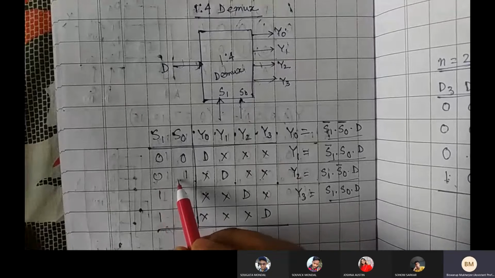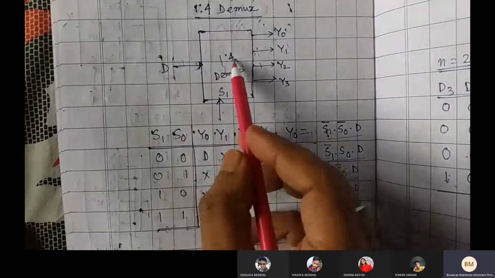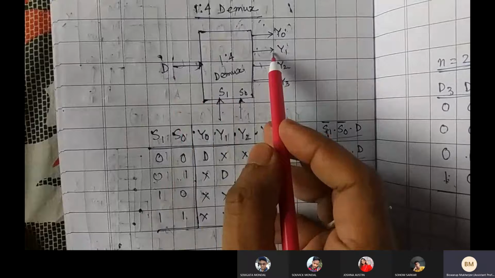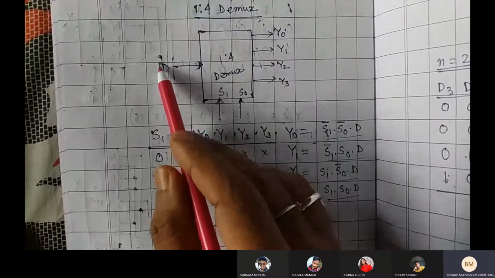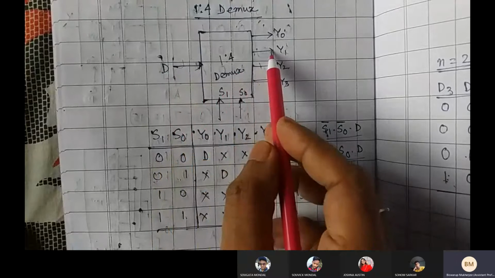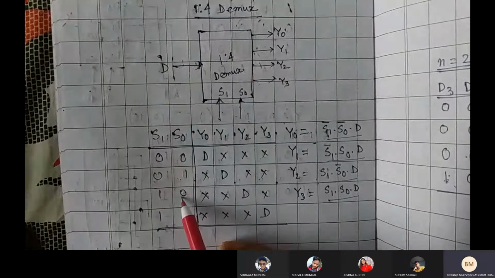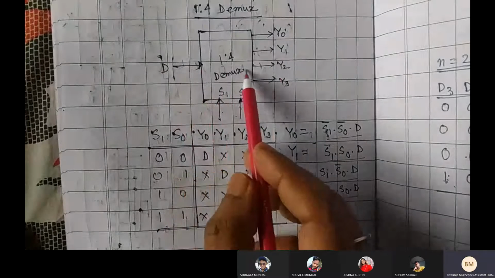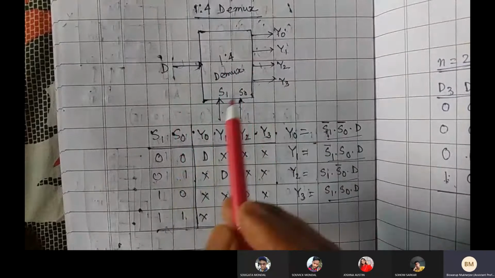If it is 0 1, the same D input will propagate towards Y1, whatever the data is, maybe 0, maybe 1. Similarly, for 1 0, D will propagate towards Y2, and for 1 1, D will propagate towards Y3.